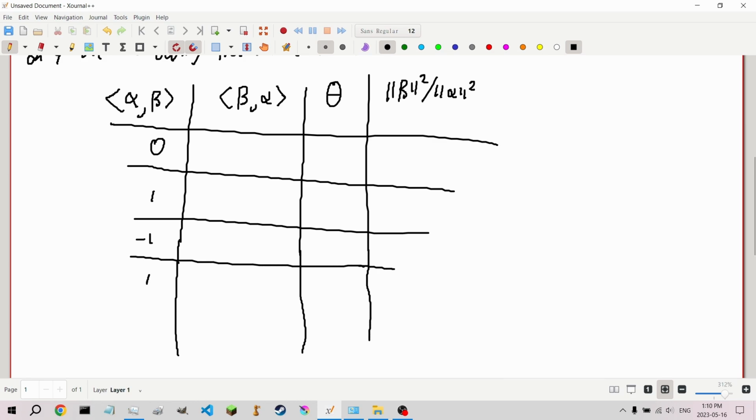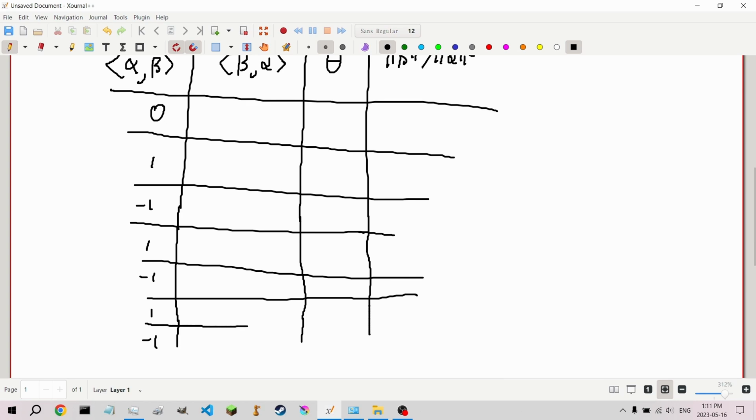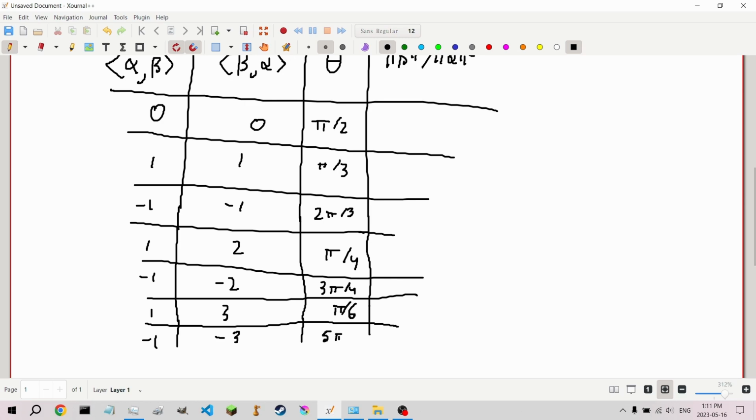So we can see that this one is always going to be 1 or -1 or 0. The angle of each line is getting worse. I hope this isn't the thumbnail of the video. And this is going to be some multiple of this from 1 to 3, which gives this as pi over 2, pi over 3, 2 pi over 3, pi over 4, 3 pi over 4, pi over 6, and 5 pi over 6.